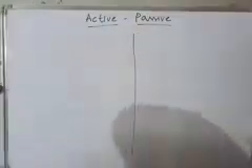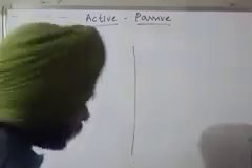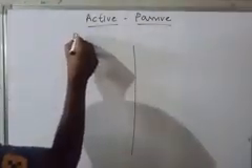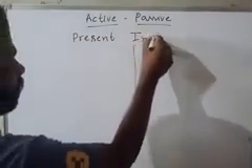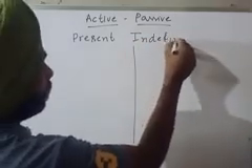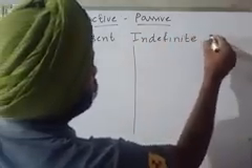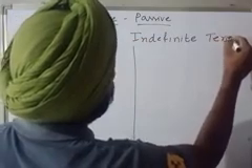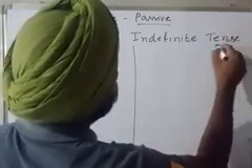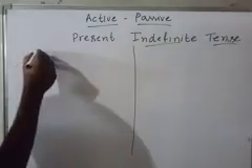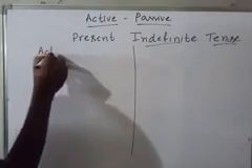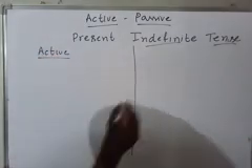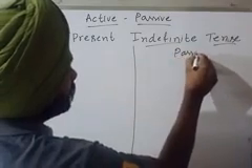For now, I am going to give you the rules and also the examples about present indefinite tense. This is the active rule, and this is the passive rule.